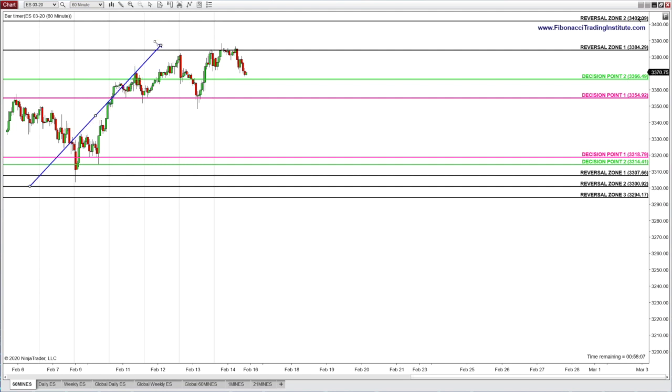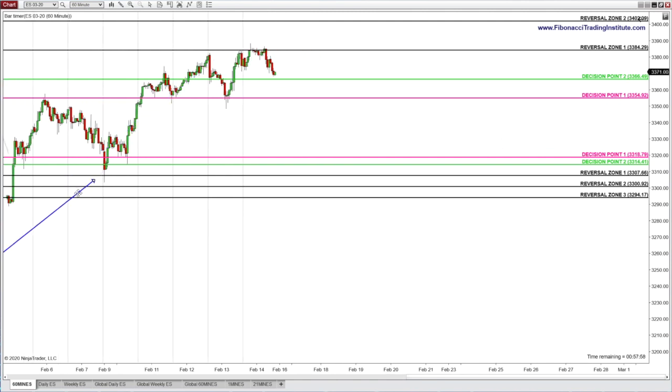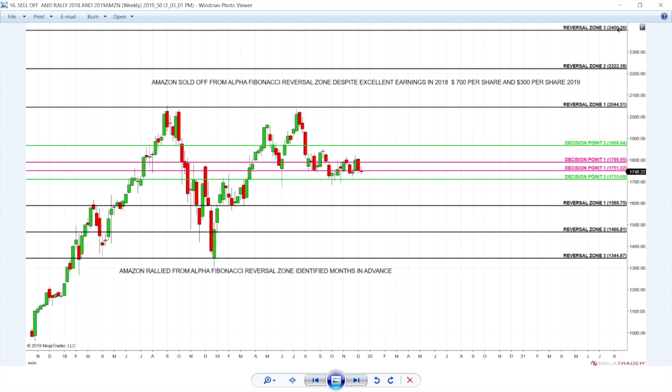You never enter into the Alpha Fibonacci reversal zone. You expect reversal. You never short into Alpha Fibonacci bullish trend inception and reversal zone. You look to buy from. Charts are twins on Amazon and S&P this week.